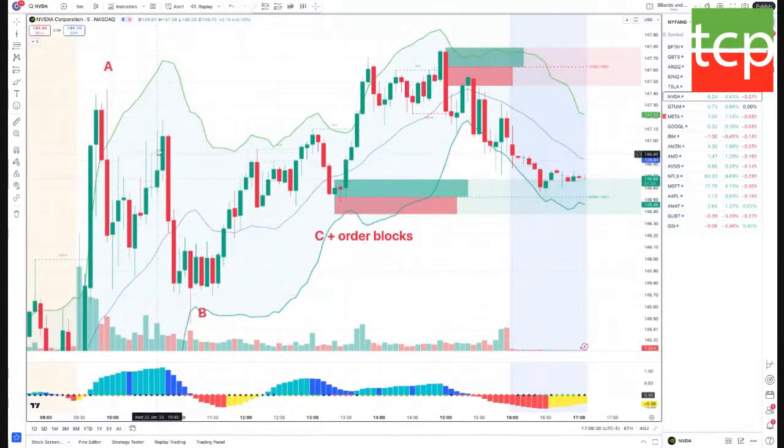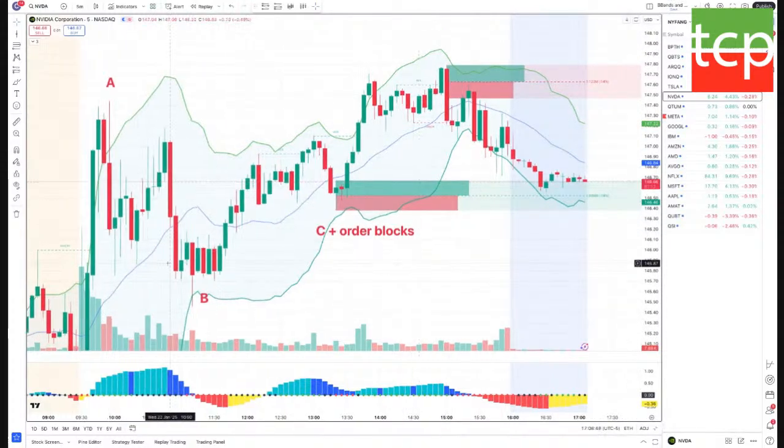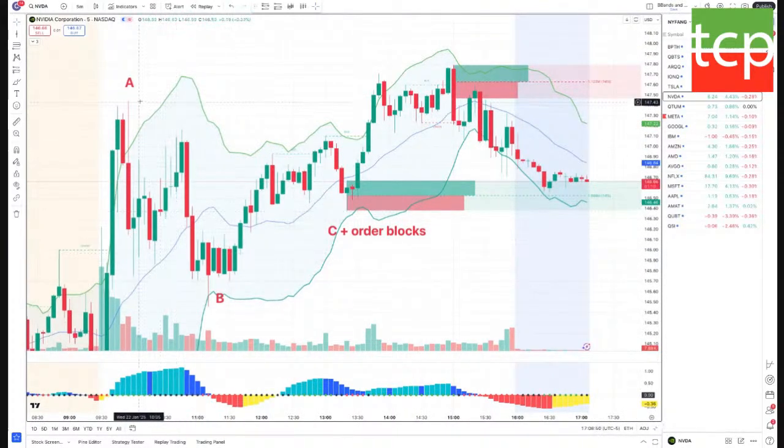Right around 10:40 we moved right back up, nearly made a new high, but we didn't make the absolute high of the day until about 3 o'clock. That's another thing I won't do, which is buy into the close. At 3:30, I'm done entering new trades.